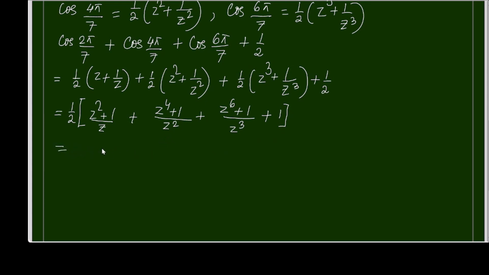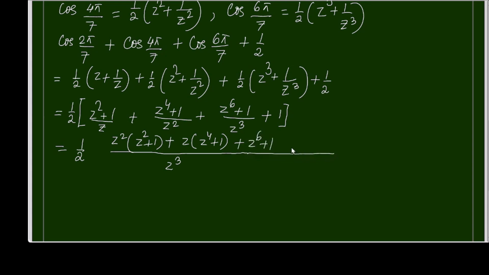So now I'll multiply by z cube and divide by z cube to the whole expression, or I can take the LCM also. So taking LCM, simplifying, I'll get z cube. So here z square will be multiplied. The second one, z will be multiplied. Third one, 1 will be multiplied. And for 1, it will be z cube.